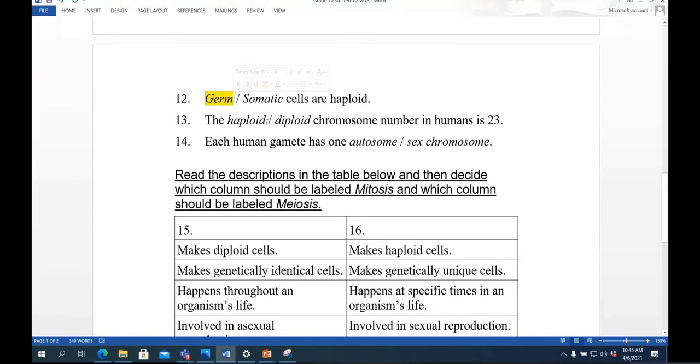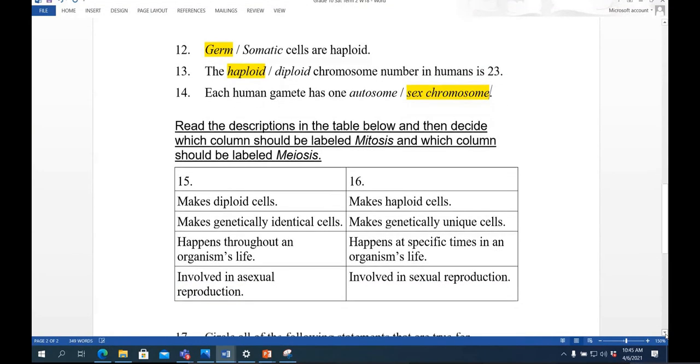Layan, number 13. The haploid chromosome number in humans is 23. Perfect. Lana, 14. Each human gamete has 1 sex chromosome. Yes, sex chromosome. Perfect. All right, now let's move on.